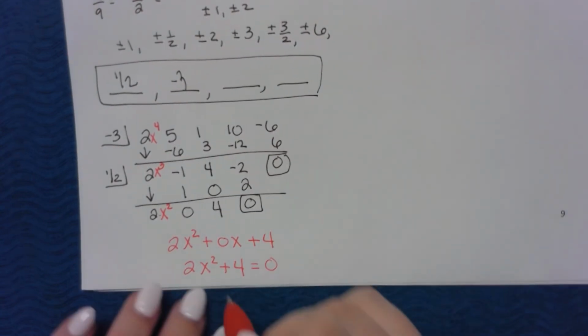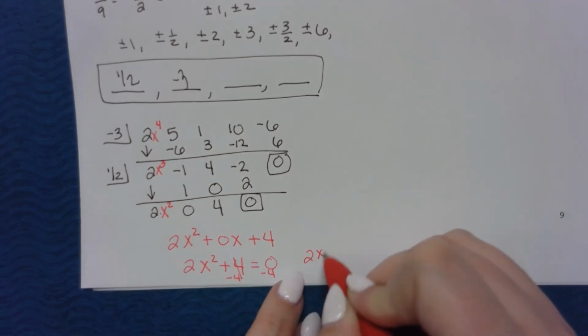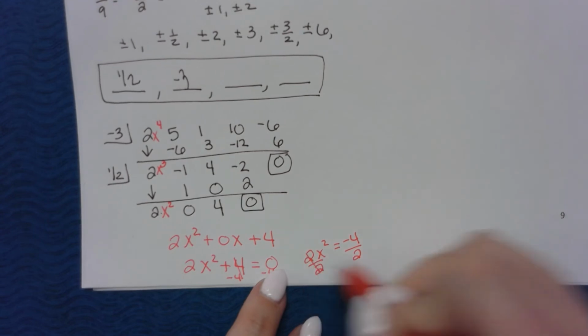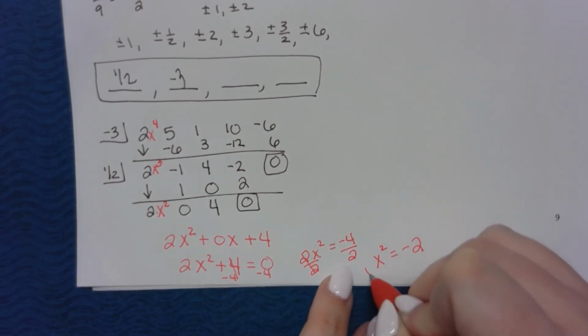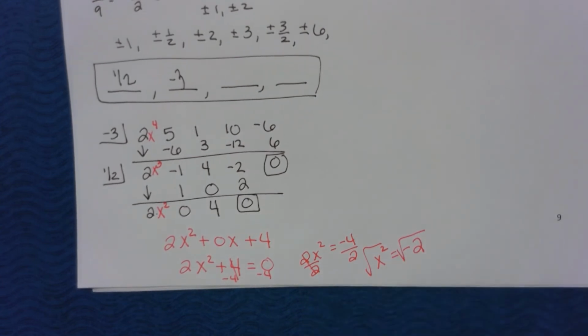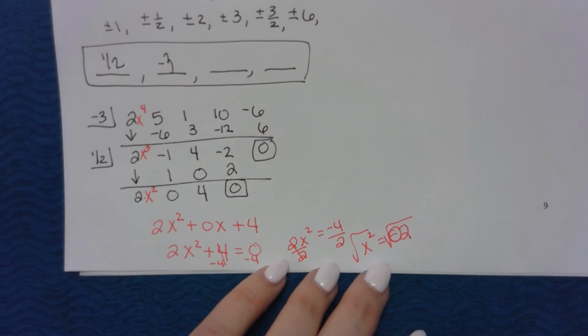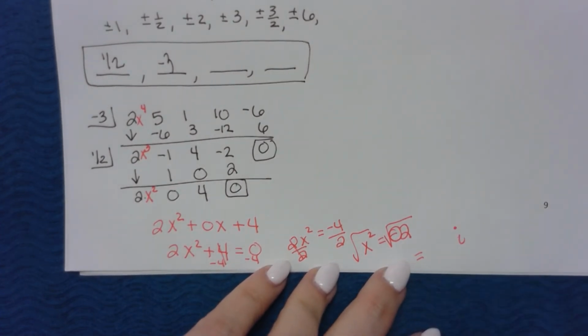If I set this equal to 0, I could subtract the 4 from each side. That gives me 2x squared equals negative 4. Divide by the 2, we get x squared equals negative 2. Then we can square root each side. If you remember from Algebra 2, whenever we have a negative on the inside of our square root, that means we're going to have an i in our answer.